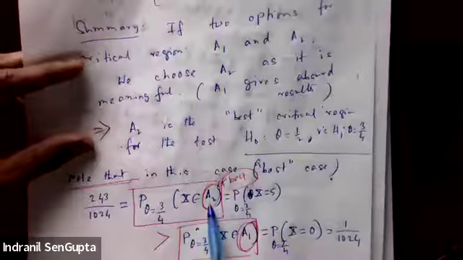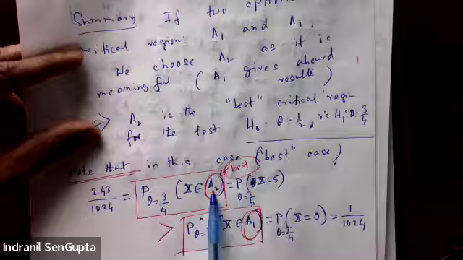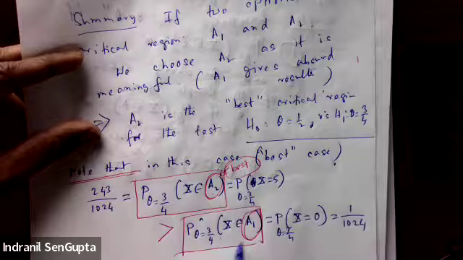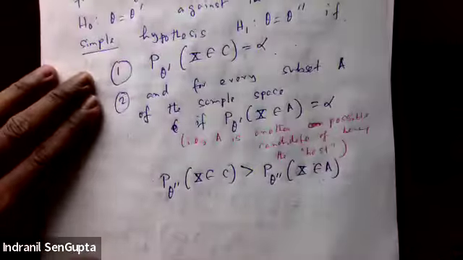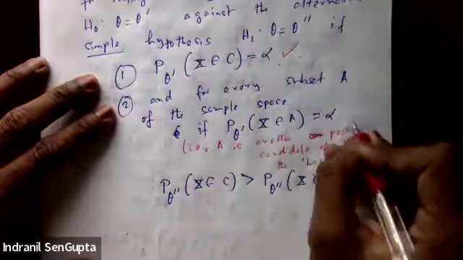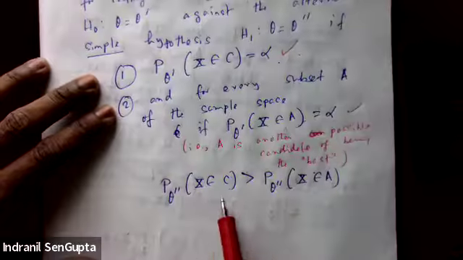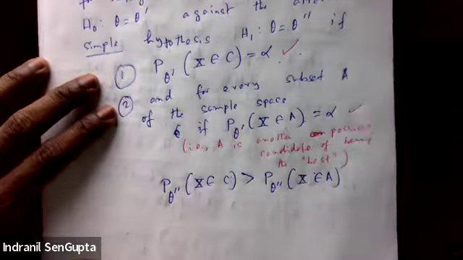This is the best region. With respect to the alternative hypothesis, the best one's probability should be more than the other ones, right? Then A would not be the best. A was a candidate for being the best by virtue of the first condition, but it's not the best.